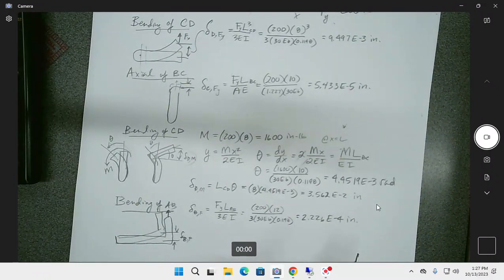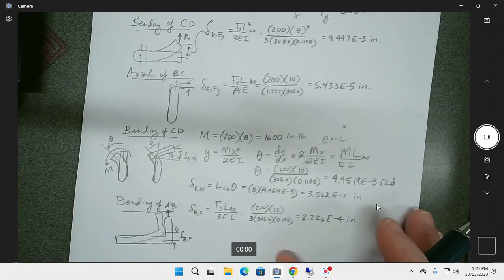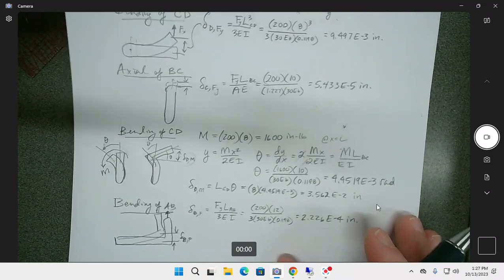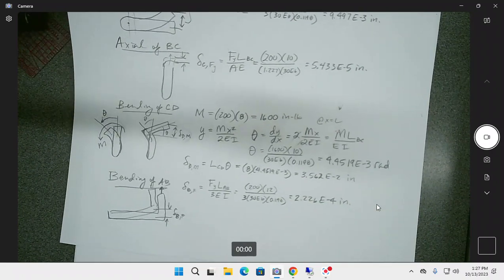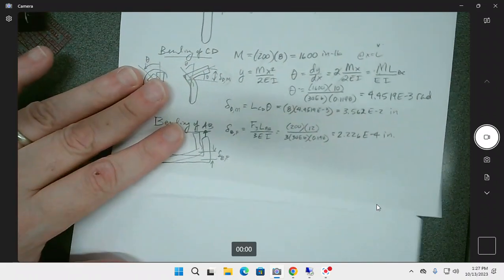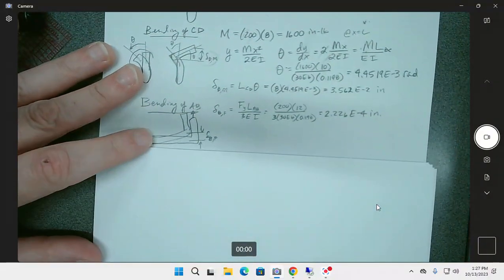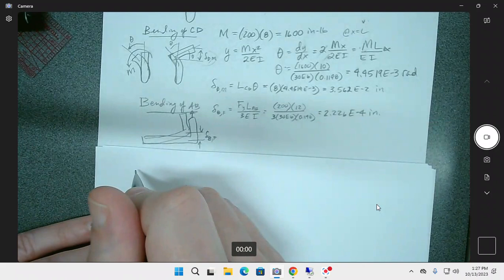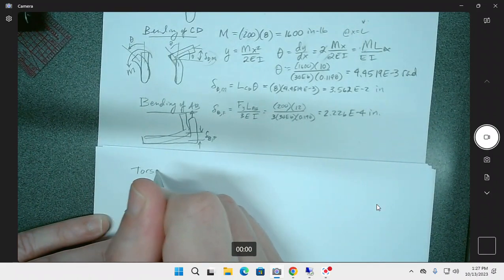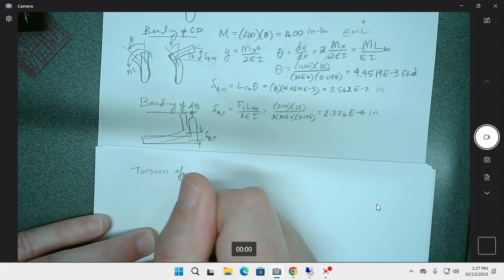All right, this last one takes a little bit of explanation as well. There's quite a bit of thinking here. Try to see if we can do this right. The last one, I think, unless I miss one, which is totally possible, is going to be the torsion of AB.